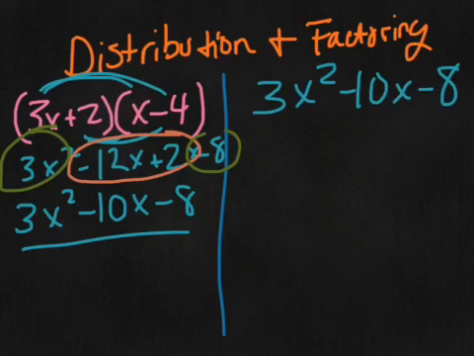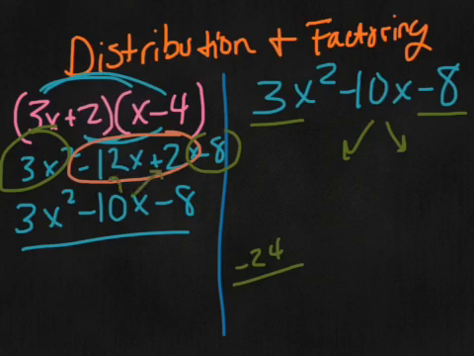So what we want to do is take these two terms, multiply them together. It's negative 24, and really I just worry about the coefficients. And then list all the possible factors of 24, because when we split this back into two terms, that's what we want to do. We want to split it back into two terms. It needs to have the same product as 3 and negative 8.